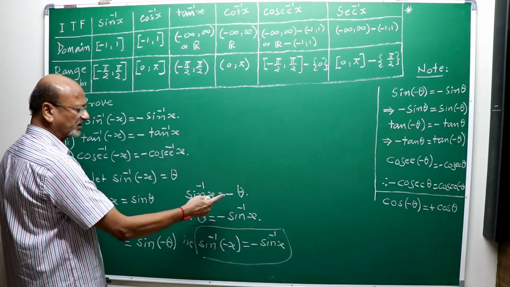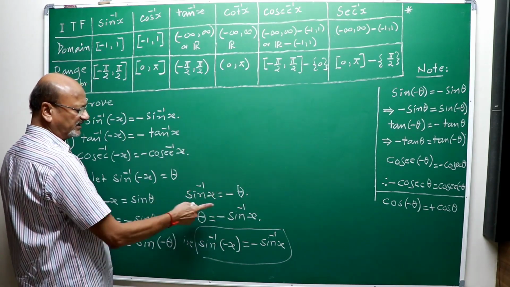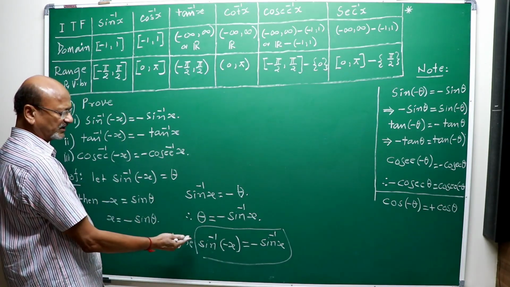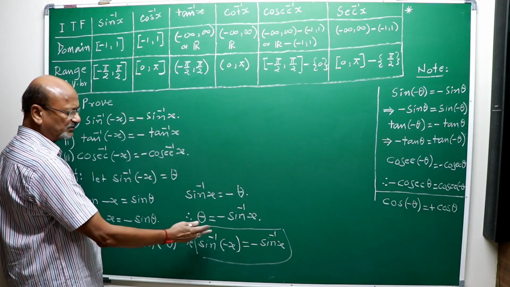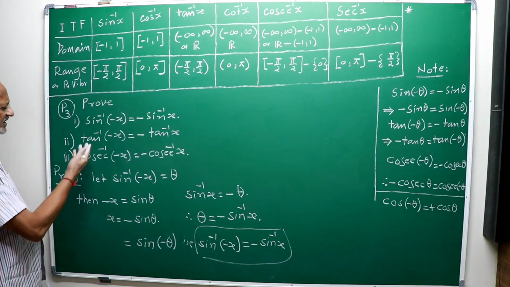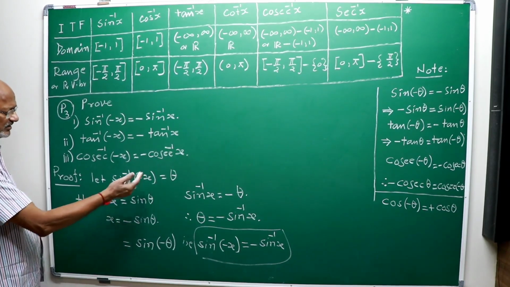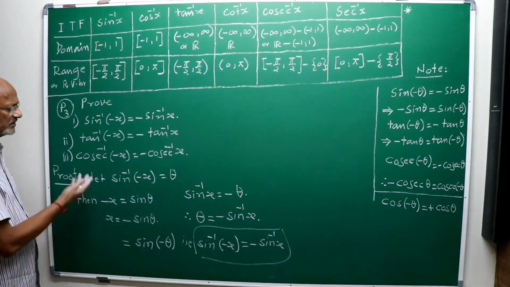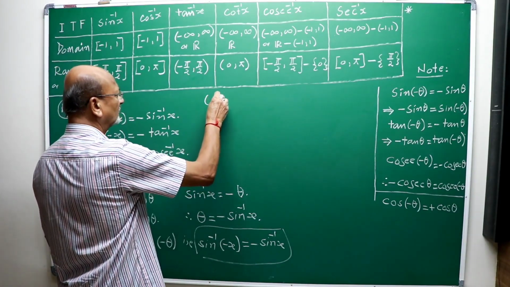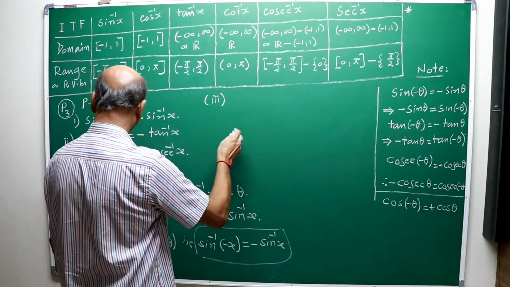Attach this minus here: theta is minus sine inverse x. But what is theta, my friends? Sine inverse of minus x. Therefore, sine inverse of minus x is minus sine inverse x. Same thing for the second, tan inverse, all the same steps. Now, if you want, I do the third one. The second, do it yourself.